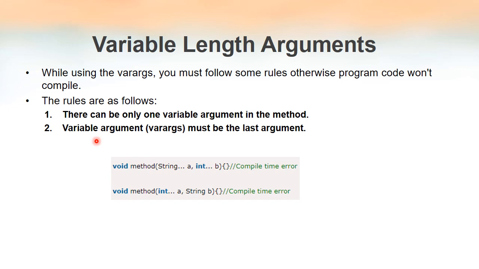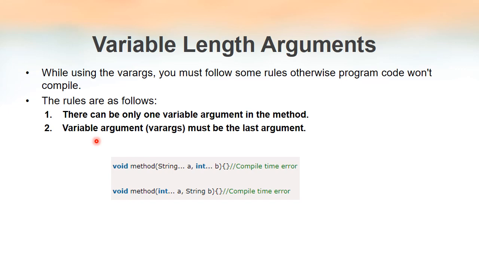That is, a method can have any number of normal arguments, there is no doubt in it, but if a method is having a variable length argument, there can be only one variable length argument. There can be any number of normal arguments along with this one variable length argument. That is okay.